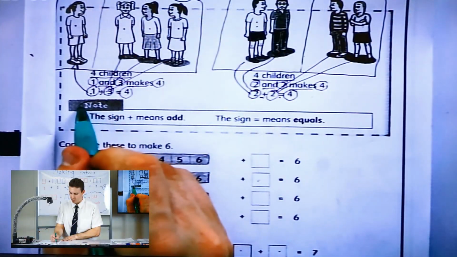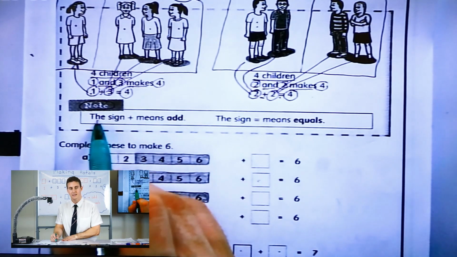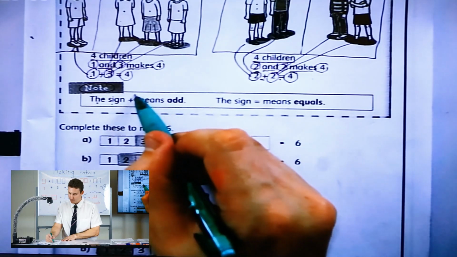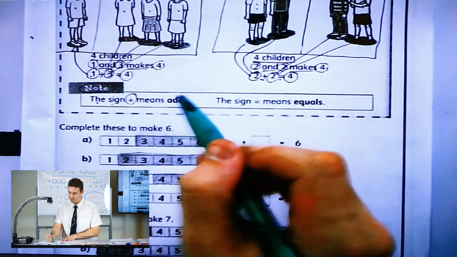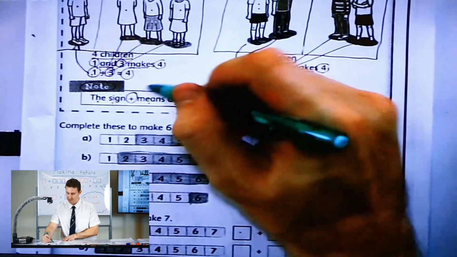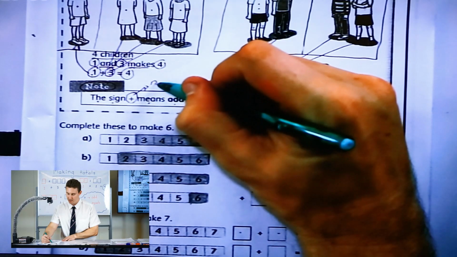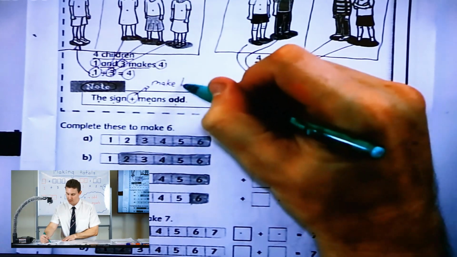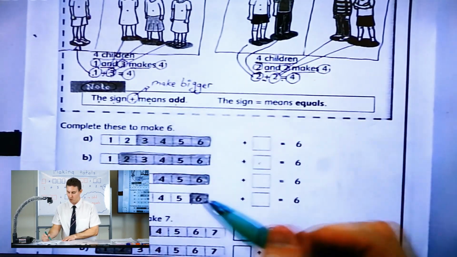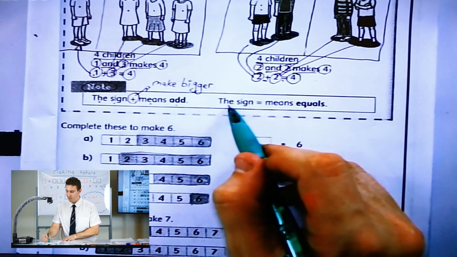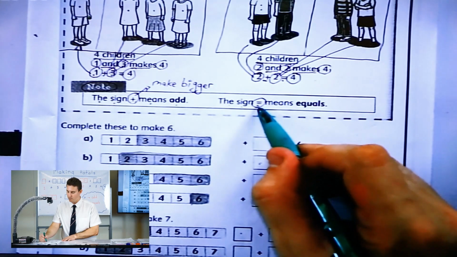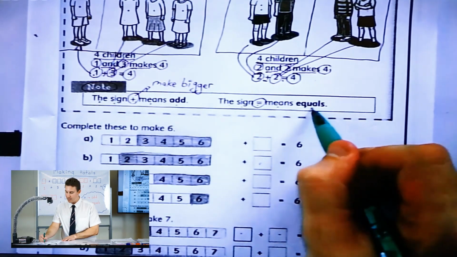Okay, now let's move on to the note quickly to help you. Here it says note, and let's read together. The sign plus means add, and this plus sign means make bigger, okay? And the sign equals means equals.